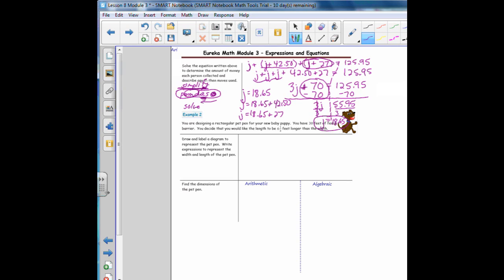So the three amounts that they earned, Julia earned $18.65, Keller earned $61.15, and Israel earned $46.15. And those three amounts add up to $125.95.